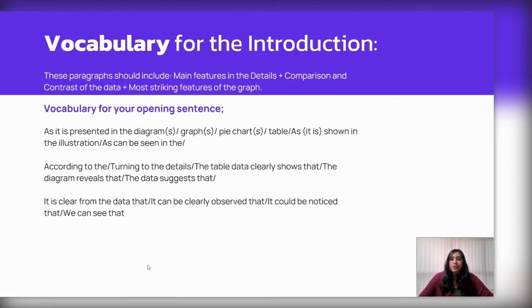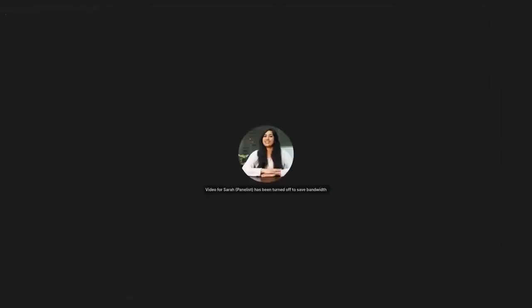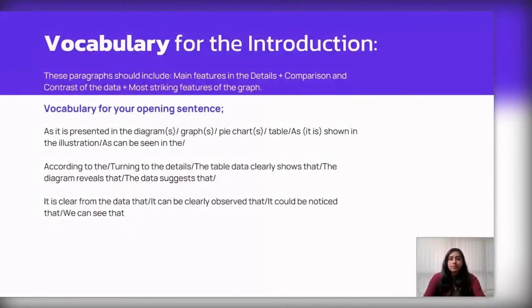I'm just going to read through a few of them. As it is presented in the diagram or diagrams, if you have multiple, graph or graphs, pie chart or pie charts, table. As it is shown in the illustration, as it can be seen in the... Okay, and then we have according to, or turning to the details.